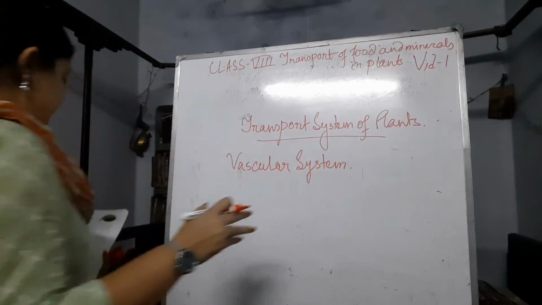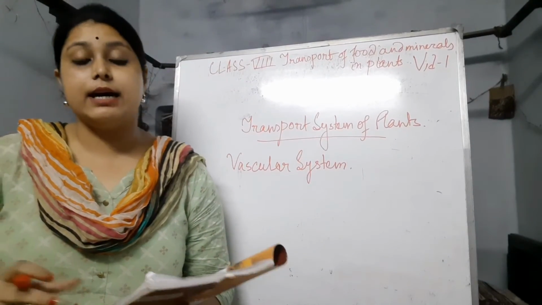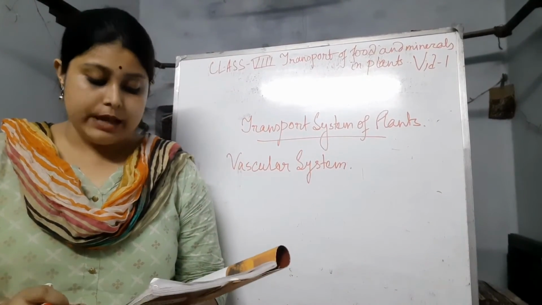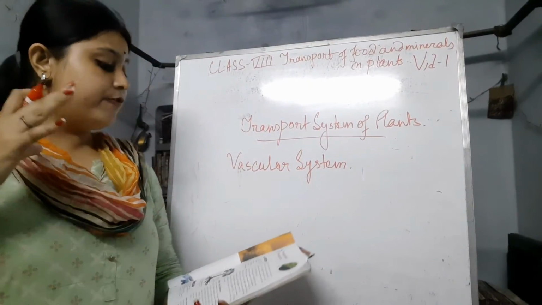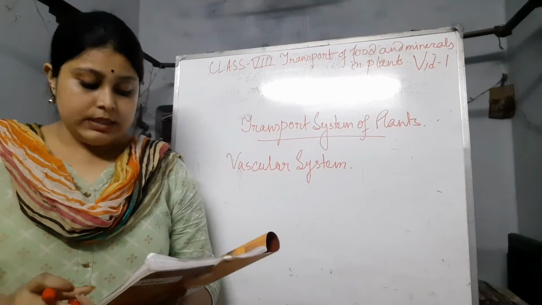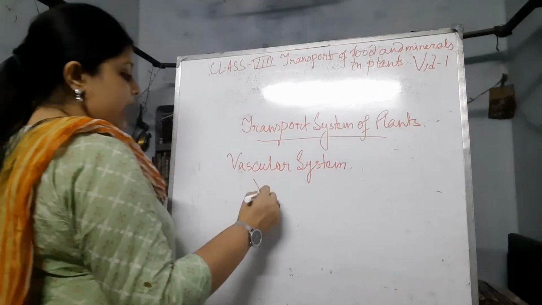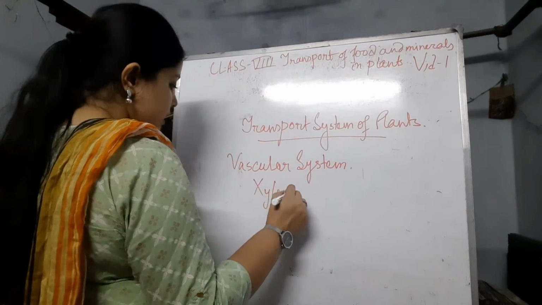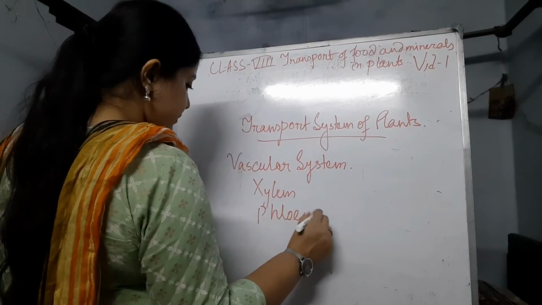Primitive plants such as mosses and ferns do not have vascular systems like the higher plants, but the higher plants have a well developed vascular system. It is mainly composed of two things, that is xylem and phloem.